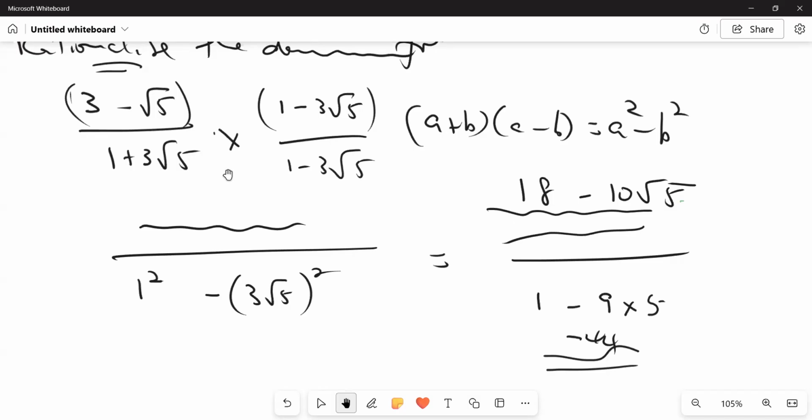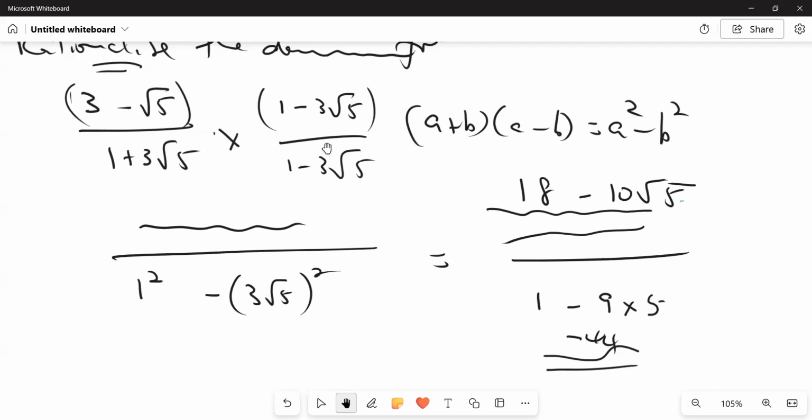Somebody came up with the idea that we multiply this whole fraction by what we call the conjugate of this. So instead of 1 plus 3 root 5, we use 1 minus 3 root 5. So 1 minus 3 root 5 over 1 minus 3 root 5 is like multiplying by 1. It's a trick we use in mathematics to accomplish some purpose.